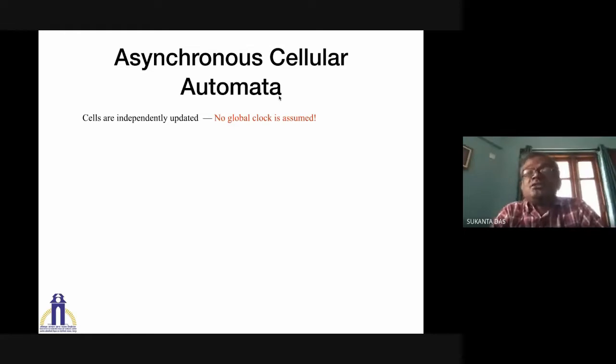But in nature, you don't always find any global clock. You don't always find that someone is dictating when to get updated and when not. Rather, in many cases, you find the independence of the components.